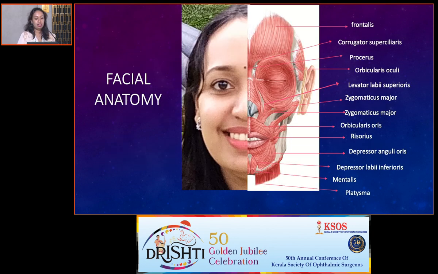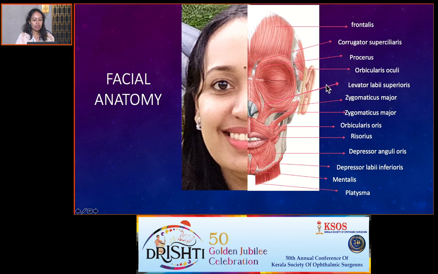So this is a little bit about the facial anatomy. These are the important facial muscles. The first one is the frontalis, which pulls the eyebrow up, and corrugator supercilii and procerus, which pull the eyebrow medially and downwards. Orbicularis oculi helps in eye closure.